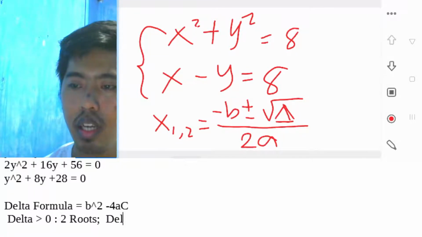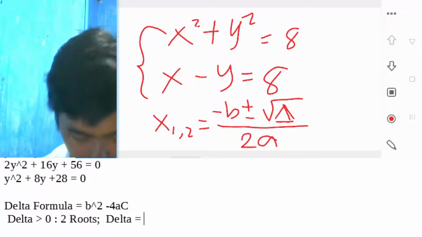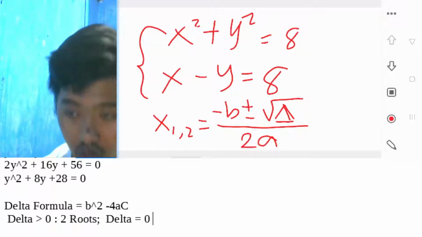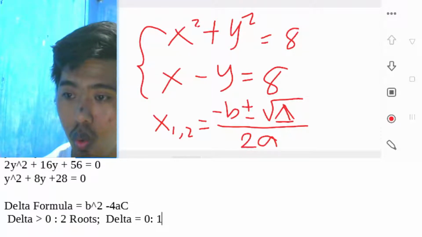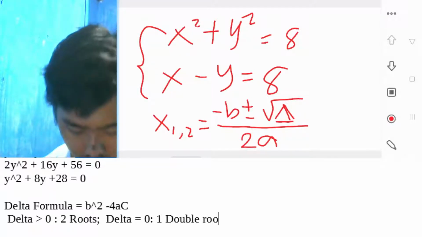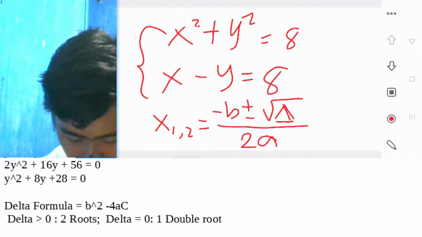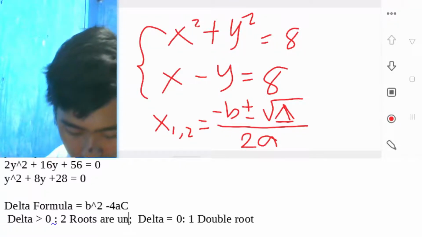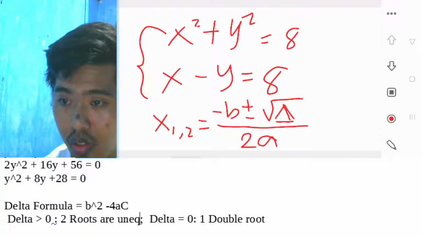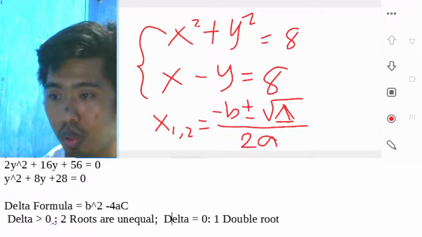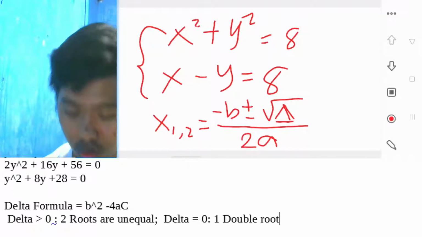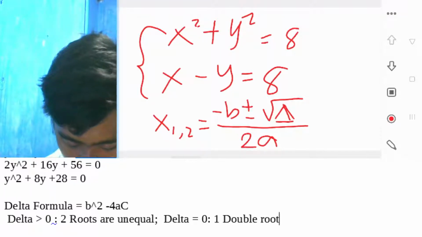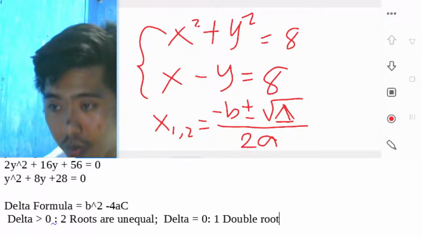If delta is equal to 0, meaning one double root. Here, the two roots are unequal, but when it is 0, there is one double root. It's double but the same. Only one, but the same.